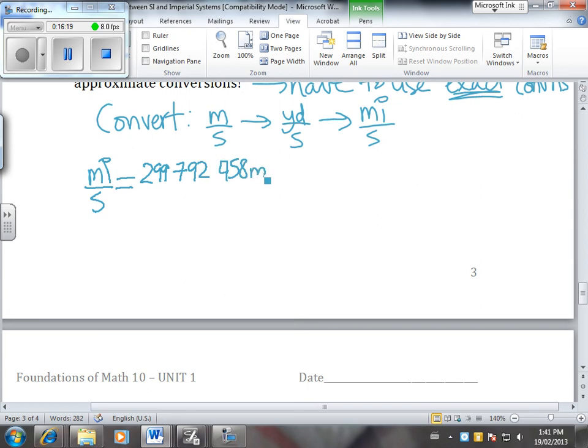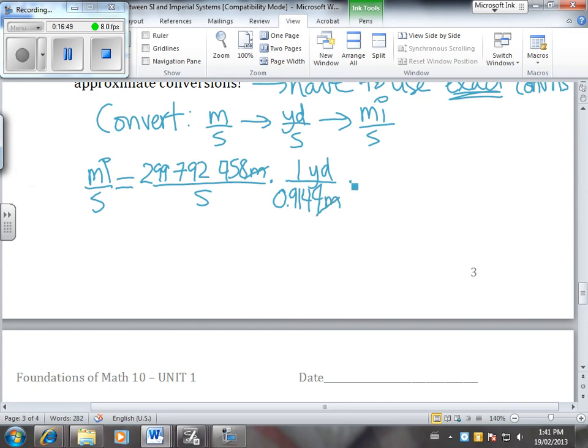299,792,458 meters per second. Now we want our seconds to stay on the bottom, so we don't have to do anything to seconds. But now we have to get rid of our meters. So if we put meters on the top and yards on the bottom, our conversion from yards to meters is 1 yard is 0.9144 meters. Okay, and then that cancels out our meters.